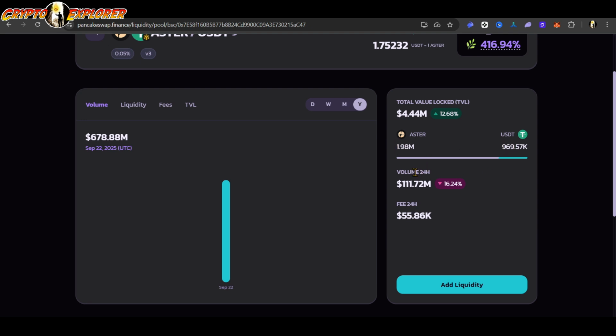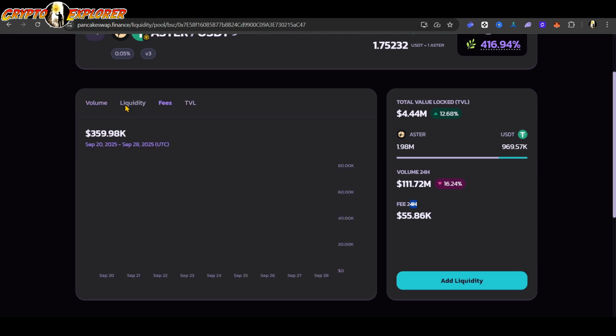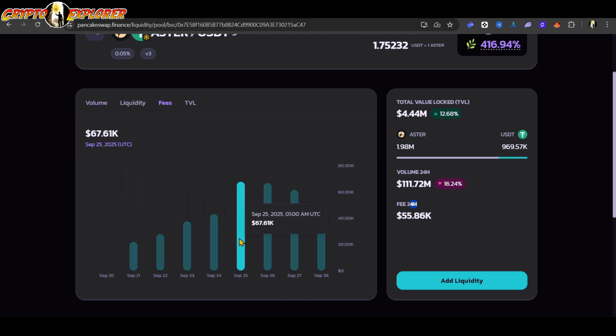Then you have the volume that the pool has been handling for the past 24 hours. It dropped 16% in volume, and how much fees the pool has generated, again for the past 24 hours. So for example, if we go back here onto fees, we can see even how much fees it generated on other days.